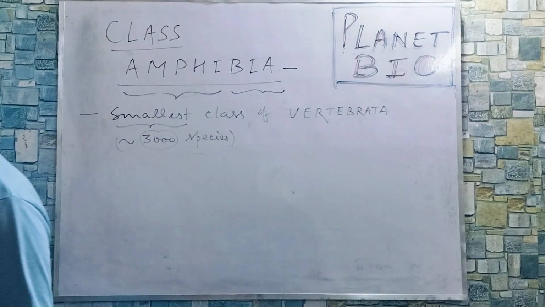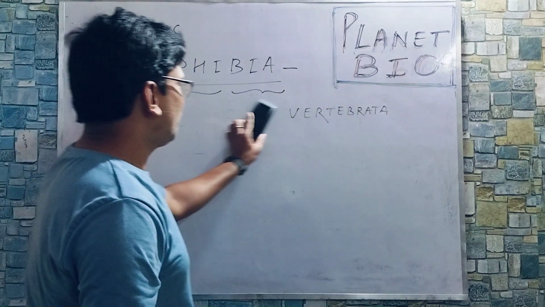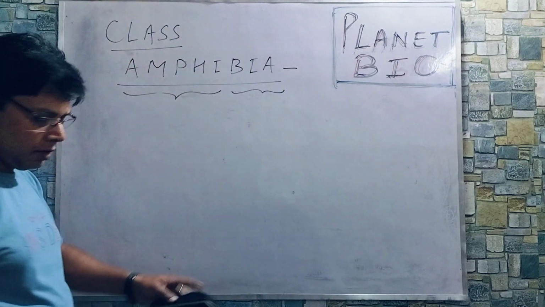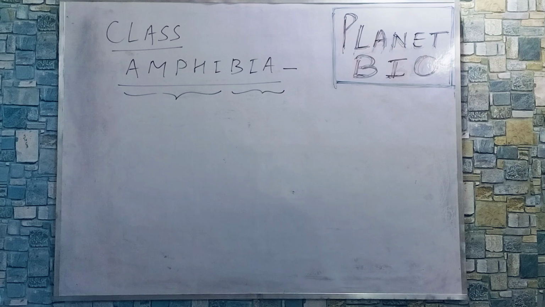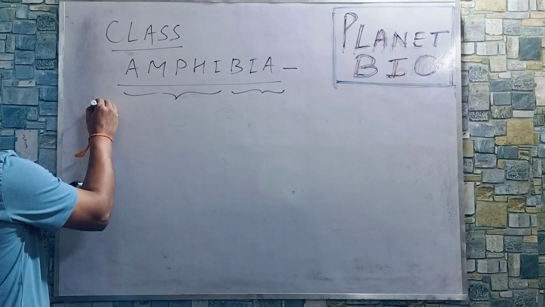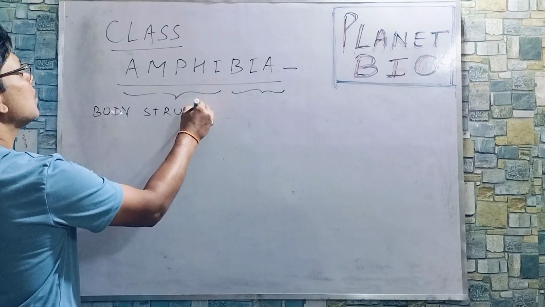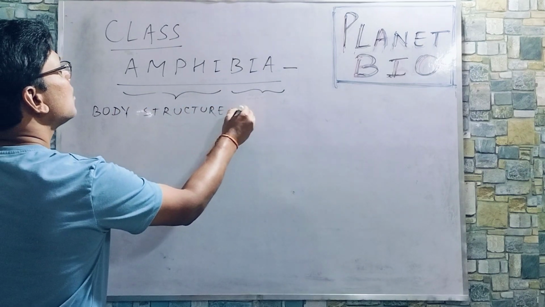So, we will write some characteristic features. First, we should write down the body structure.